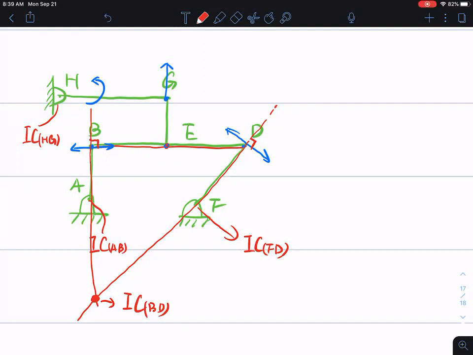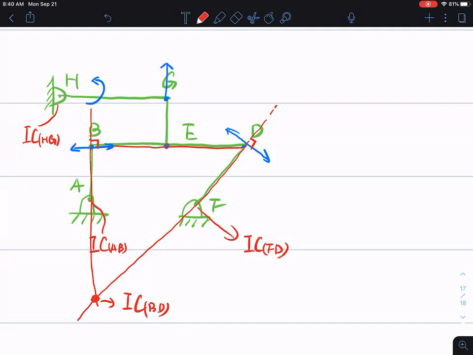So that tells you if you connect any point on this rigid body to the instant center, that line should be perpendicular to the motion of that point. So if we draw a line from point E to the instant center and draw a perpendicular line to that, that would tell us the direction of point E. Let's try that.